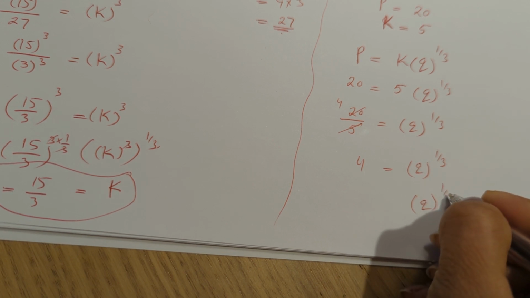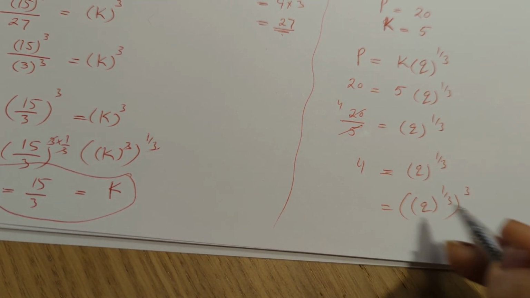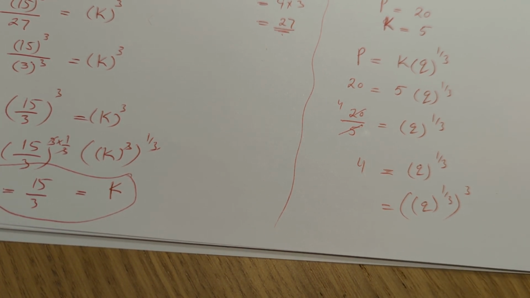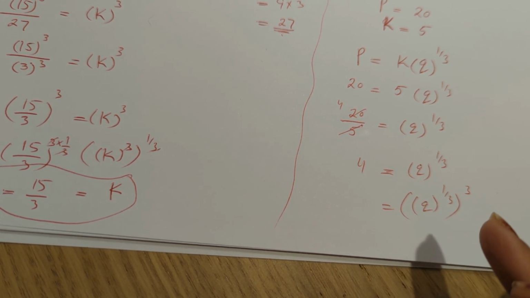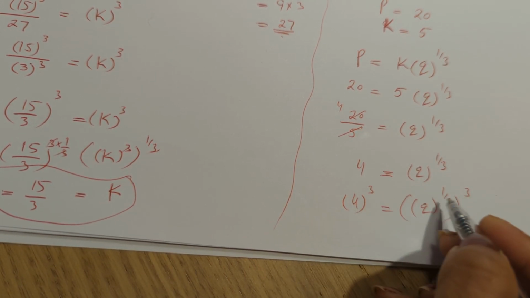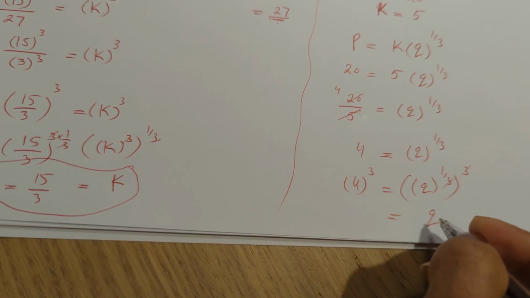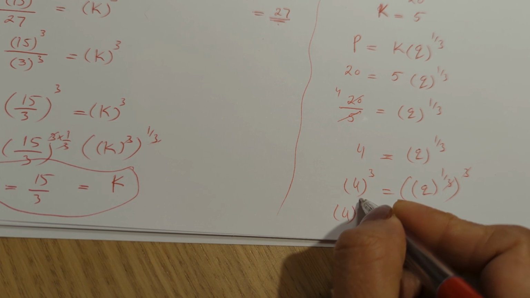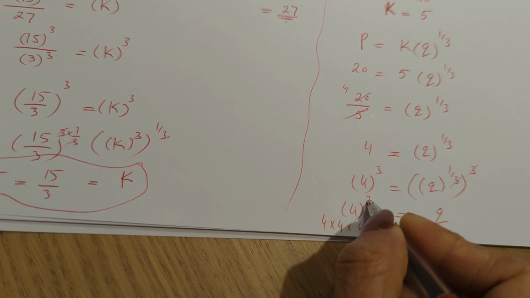I have to find the value of Q only. So whatever thing is attached with Q, we have to finish it. So Q power 1 by 3 is attached with Q. We have to omit this thing. So I am taking the cube on both sides. In this way, this 1 by 3 which is attached with it will cancel, and we have left Q only here. So 4 power 3, it means 4 is multiplied by 4 3 times.